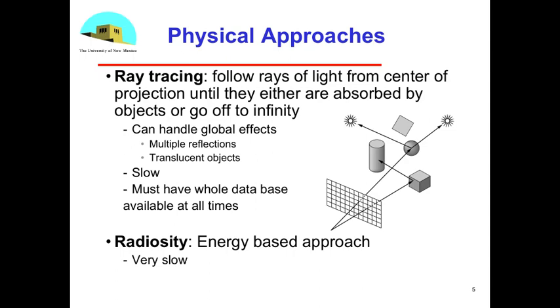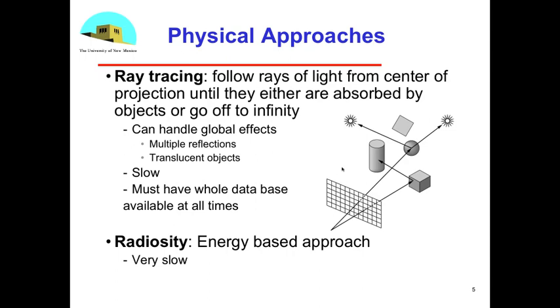The problem is that it's slow to carry out all of these kinds of intersections, because in order to trace a ray, it could potentially intersect any object, and you don't know in advance. A simple ray tracer would start with the first pixel up here and shoot a ray through it, and then see what happens.